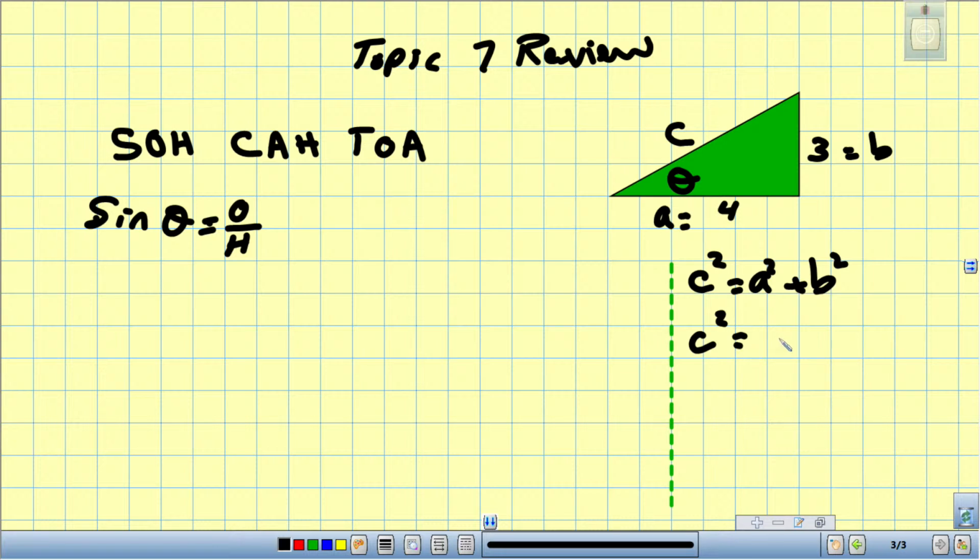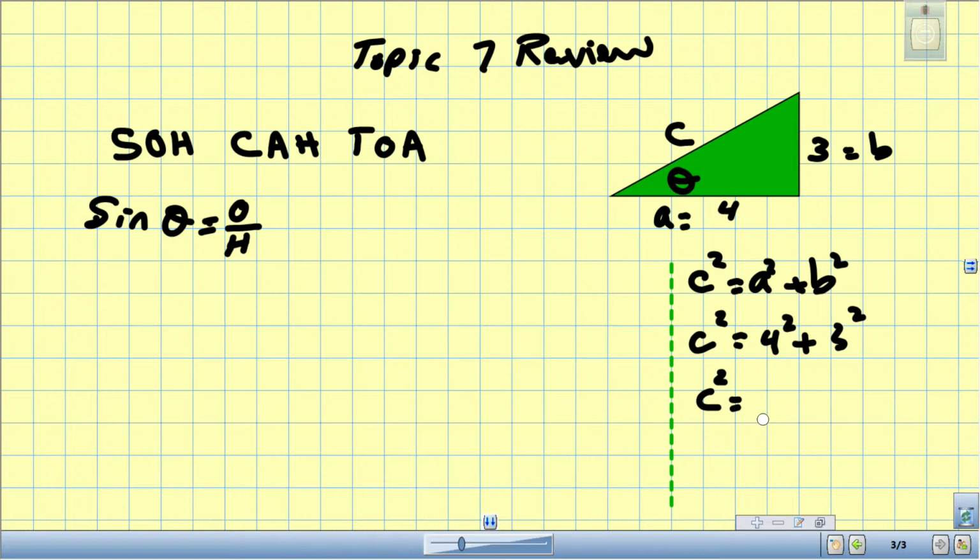So c squared is going to be a squared, which to me is 4 squared, plus the other guy's 3 squared. We're talking about 16 plus 9. C squared equals 25.